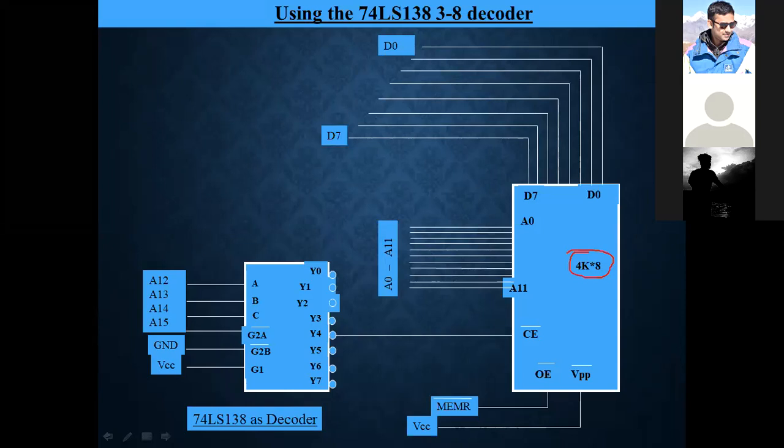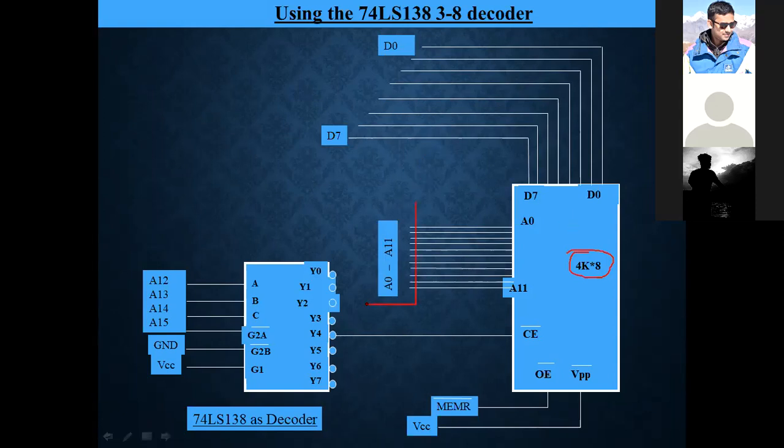Clear or not? These 12 address lines are used for addressing purpose, and the rest of the address lines are used for chip enable purpose, to activate the chip. Which chip? This ROM chip. Clear or not? Clear, sir. Okay, so we are using A0 to A11 between this microcontroller and this ROM.